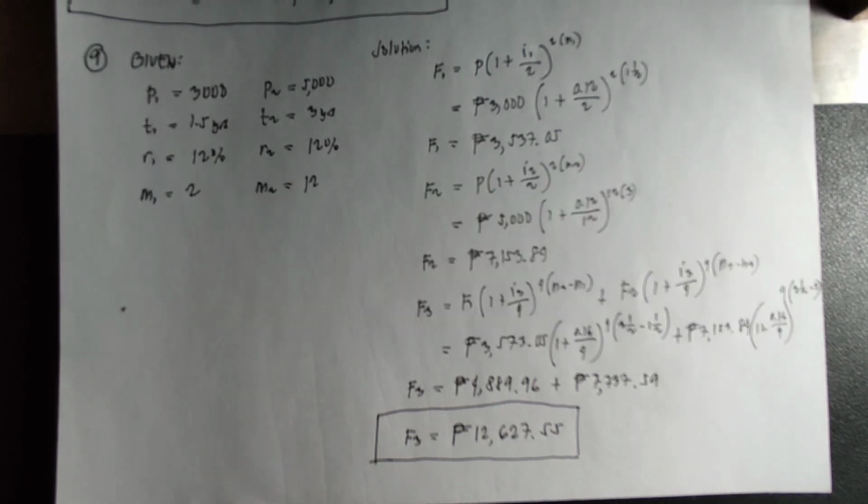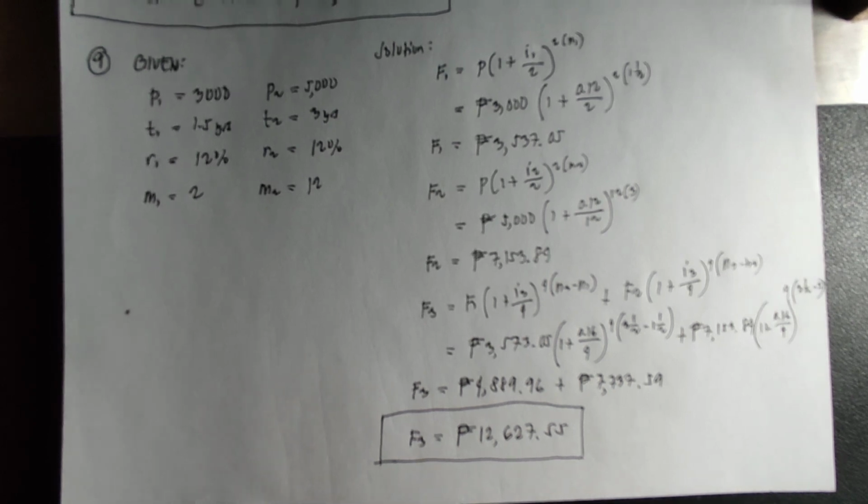So given our principal 1 is equal to 3,000 pesos, then our principal 2 is equal to 5,000 pesos. Then our t sub 1 is equal to 1.5 years, our t sub 2 is equal to 3 years. r sub 1 is equal to 12%, r sub 2 is equal to 12%.